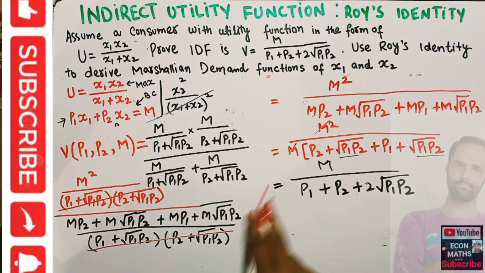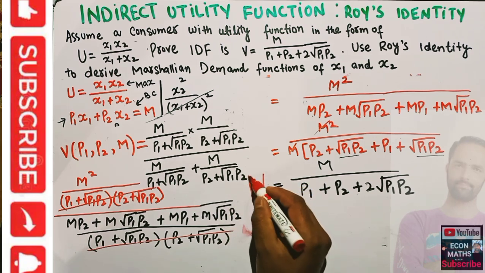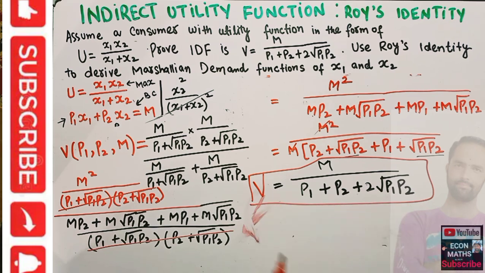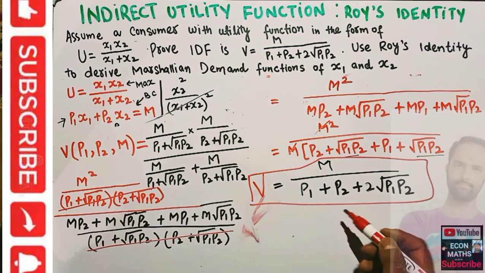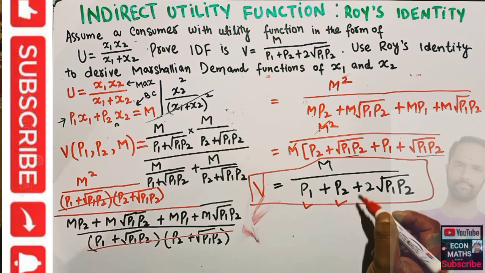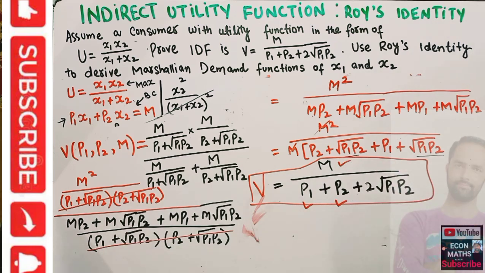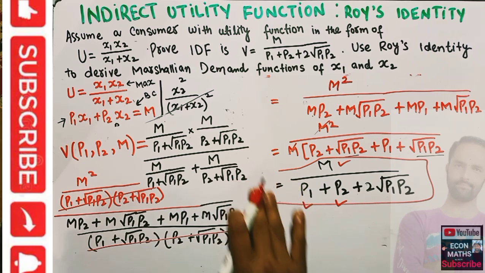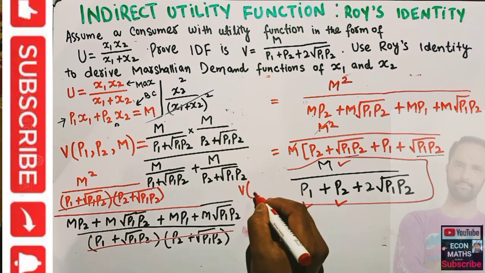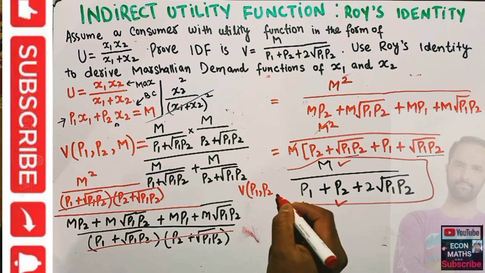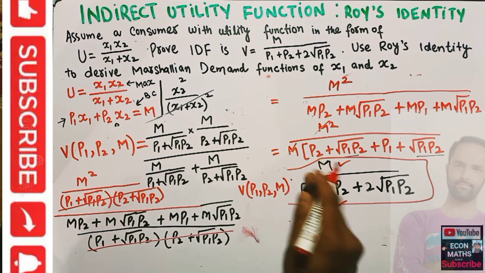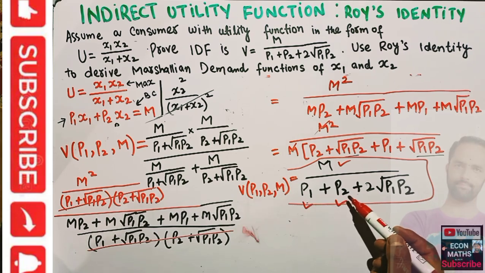So this is our indirect utility function, and it obviously depends upon the prices of the two goods and the income of the consumer, okay. The direct utility function is given to us here, and this is our indirect utility function. Our indirect utility function is a function of p1, p2 and income, and you can see it depends upon the price of good 1, price of good 2, and the income.